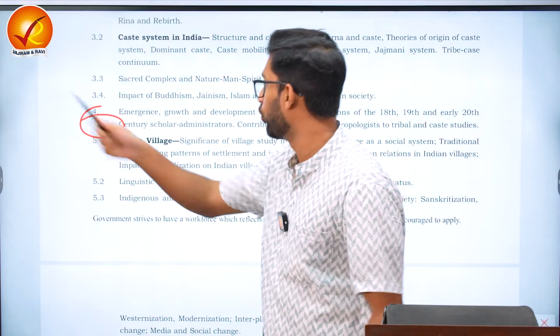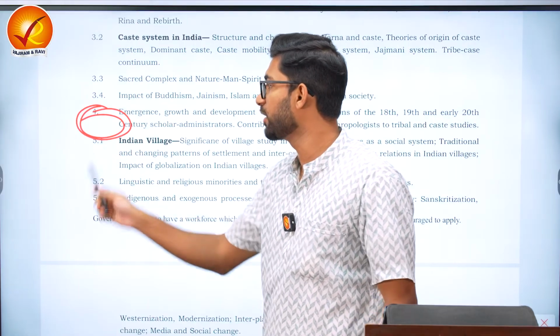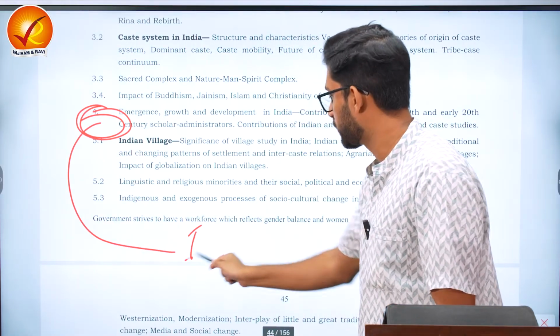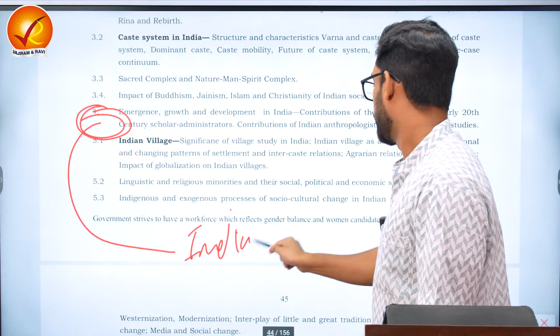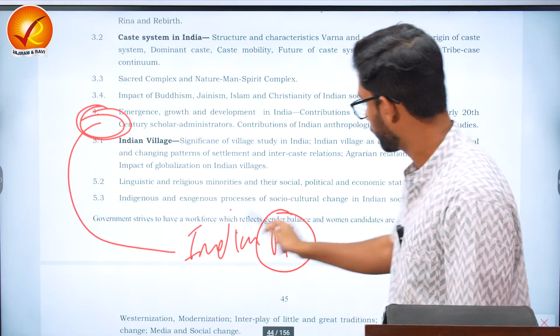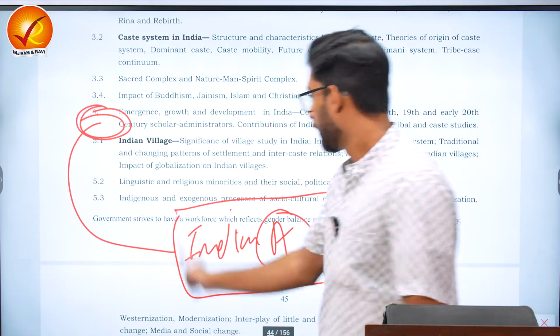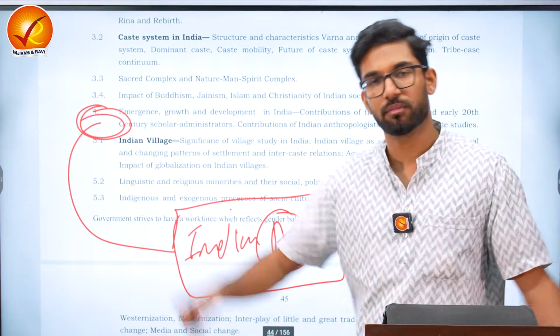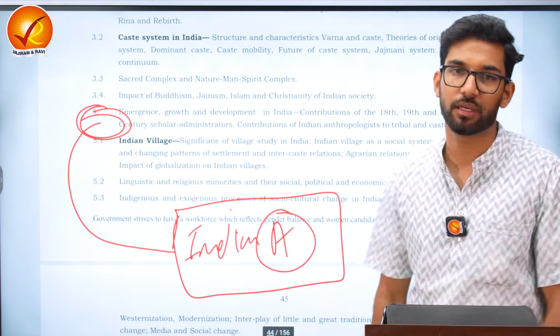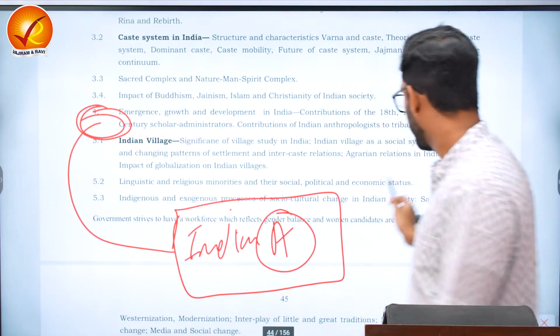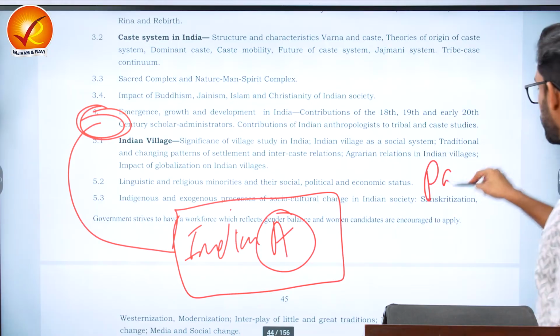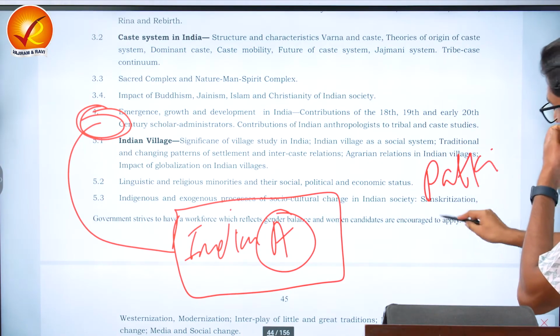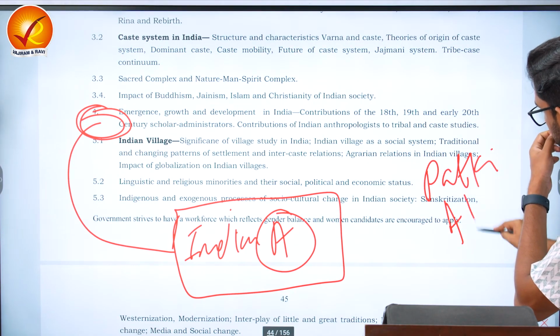Similarly, Unit 4 deals with Indian anthropologists. There are a lot of Indian anthropologists. The problem is conventionally people do not study Indian anthropologists. I refer to Patki sir's notes. I also refer to Akshay Jain sir's notes here.